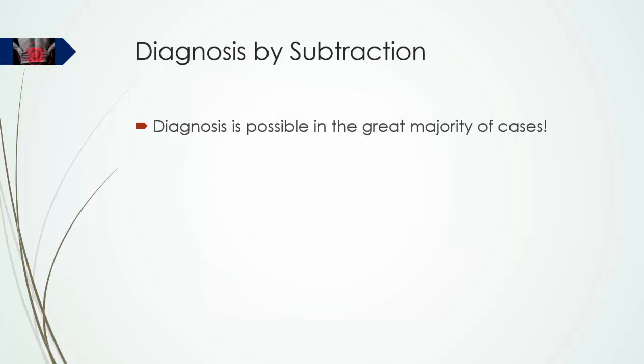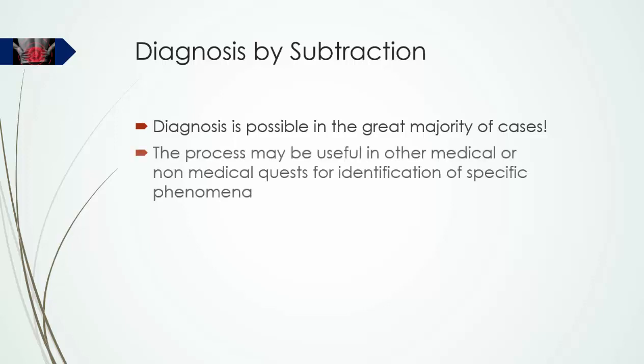This simple process of elimination is what I call diagnosis by subtraction. It has a solid foundation in biostatistics and may be augmented by other well understood concepts for ruling in and ruling out other possible diagnoses. I have shown you 3 examples of real patients to give you an idea of how it works.